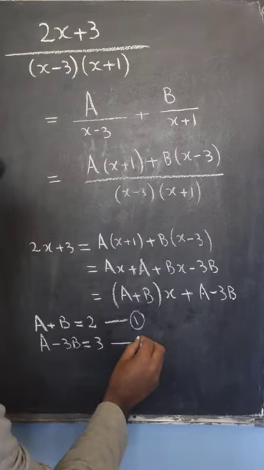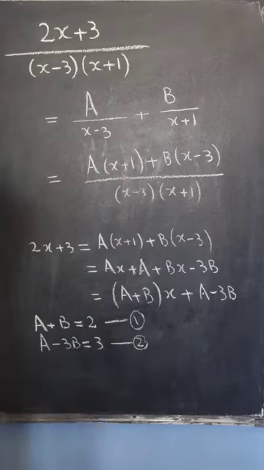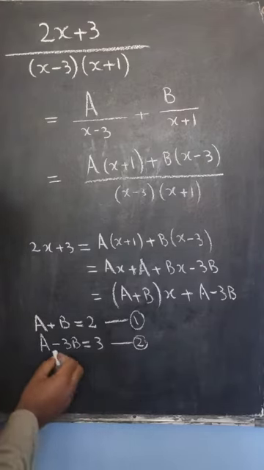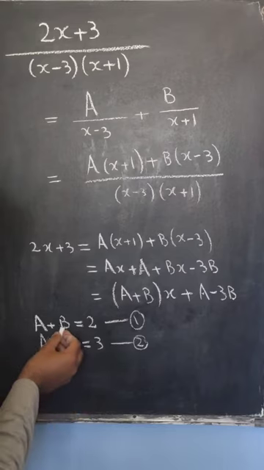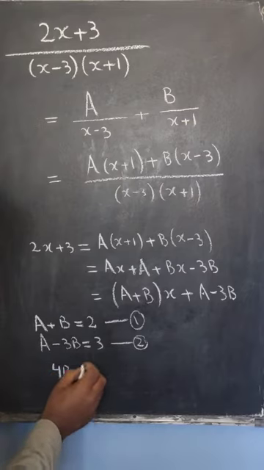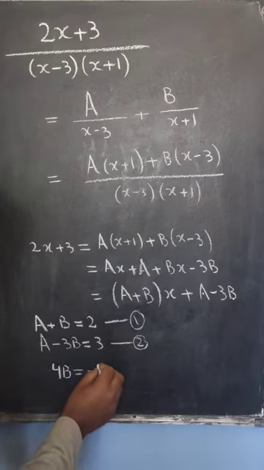Name this as equation second. Now, subtracting equation second from equation first, we get A minus A cancels, B minus minus 3B, that is 4B, is equal to 2 minus 3 is minus 1.